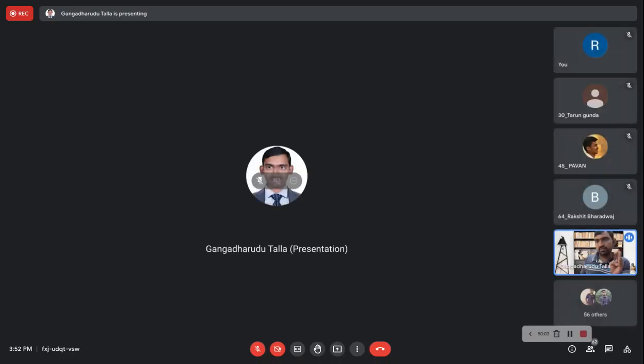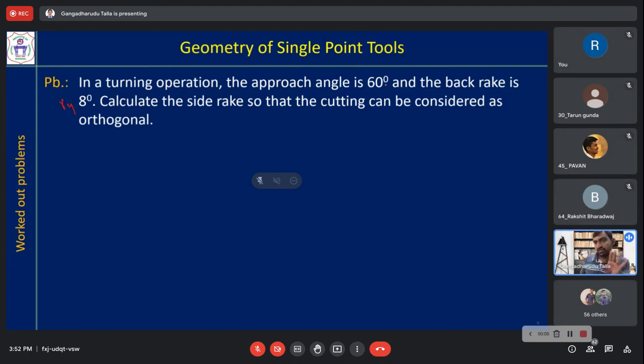Approach angle is 60 degree means it is phi, not phi s. Phi s is side cutting edge angle, but they are talking about approach angle. So that is phi only. Now, cutting should be orthogonal. That is what is given. So in orthogonal, lambda is equal to 0.